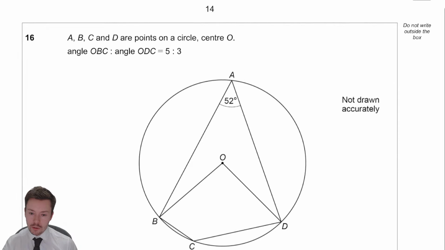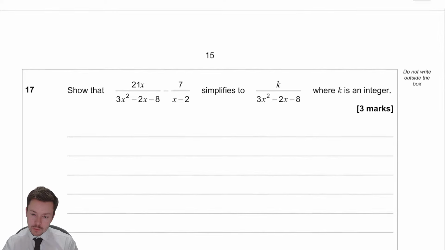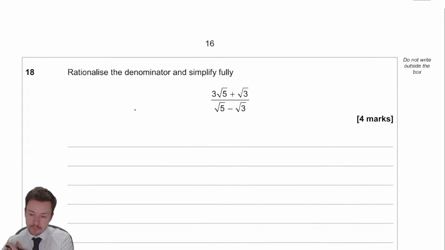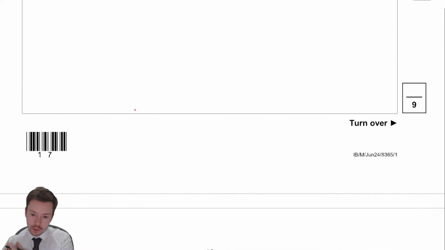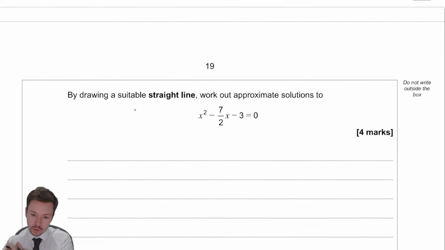This is circle theorems. Okay, we got some angles and a ratio. Okay, this one, that shouldn't be too bad. Rationalizing the denominator. Stationary points of a curve. Here we've got a quadratic. What have we got to do?